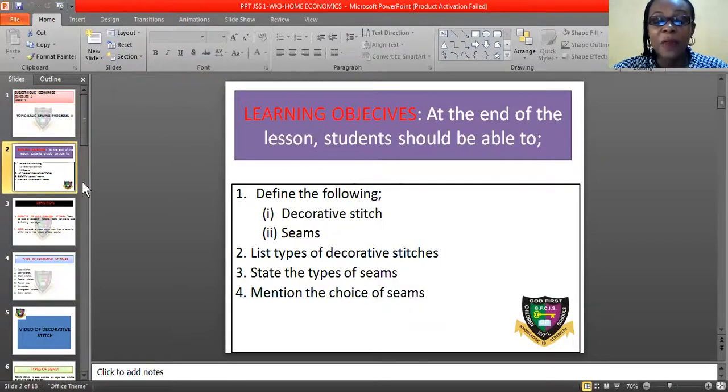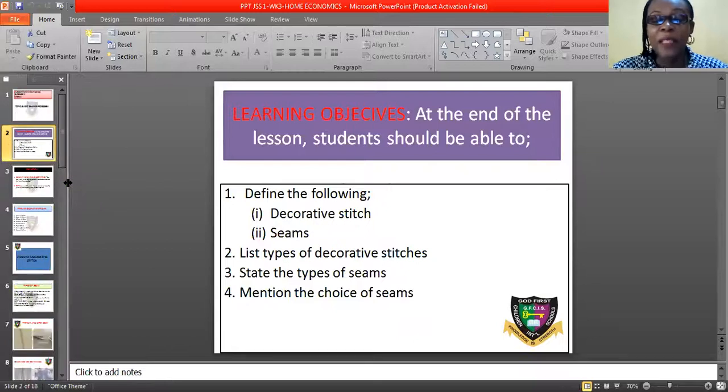At the end of this lesson, all the students will be able to define decorative stitches and define seams. You'll be able to know the list of decorative stitches. You'll be able to state the types of seams and mention choice of seams. These are the things I want you to know by the end of this class.